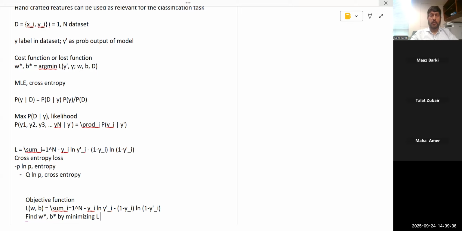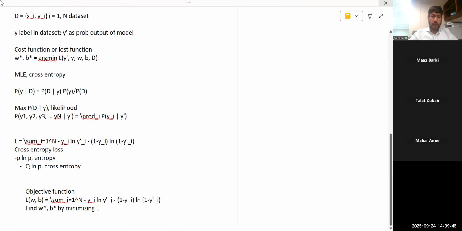So it's solving an objective function optimization problem. And for logistic regression, the optimization problem is convex. Okay? So anyone can comment on this?